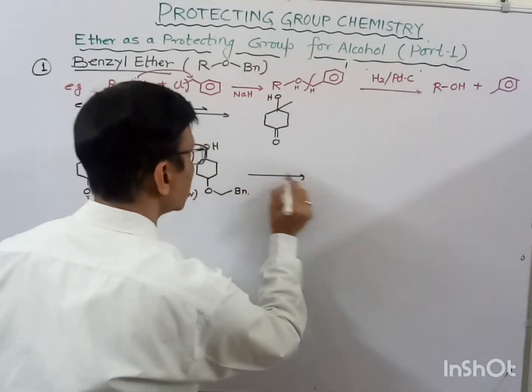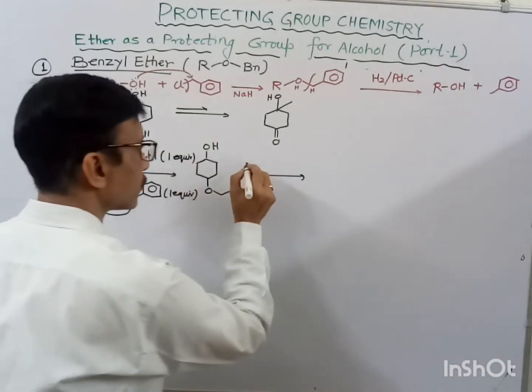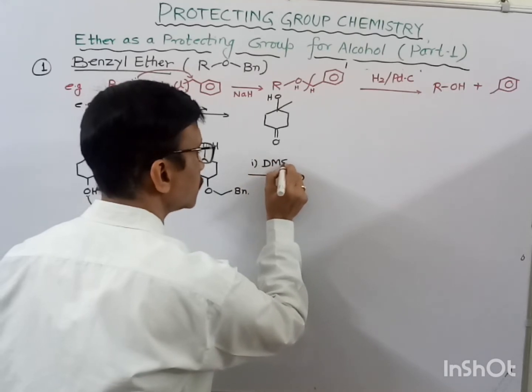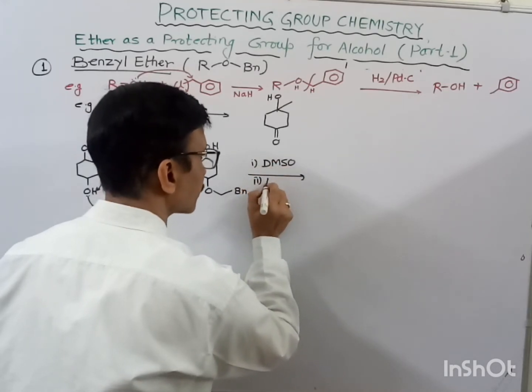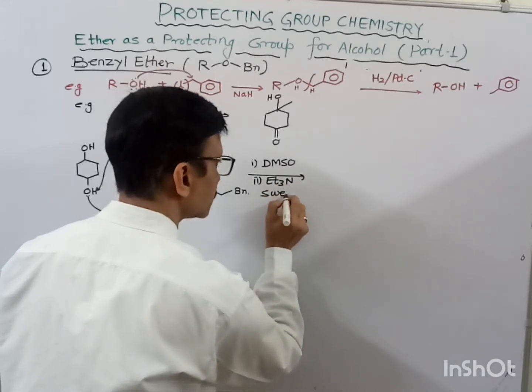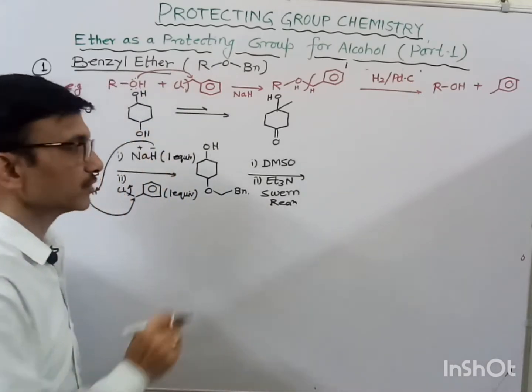Now this OH can be oxidized with DMSO and triethylamine, which is a Swern reaction.